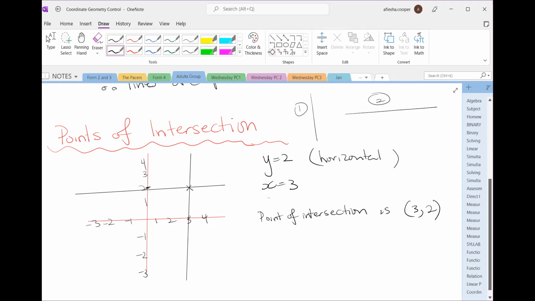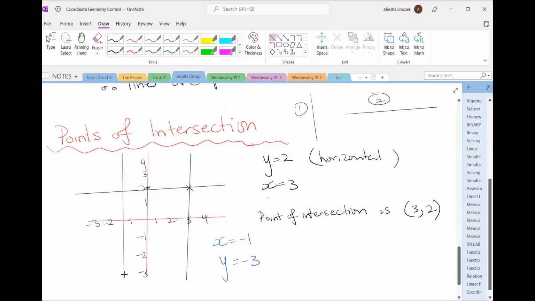If my line is x is equal to -1, y is equal to -3. So I'm putting in what x is equal to -1 is, so I look for -1 and I make a vertical line.